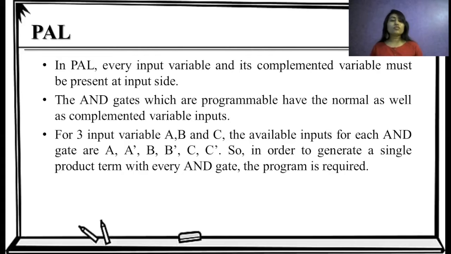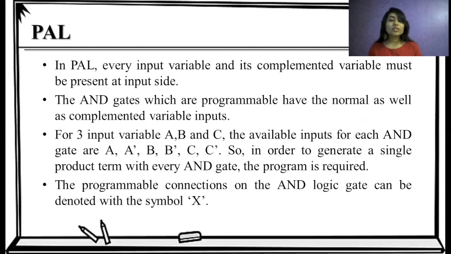For example, if we require A dash and B, we just connect A dash and B and the others remain unconnected. So we have a product term A dash B. This is how we can program this AND gate depending on our logical functions.